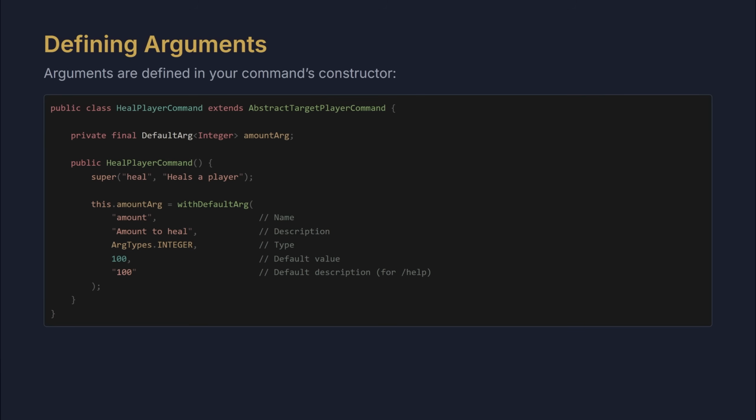We define arguments in our command's constructor. So inside, for example, our heal player command, we define a property called private final default arg, and then we pass in the data class we want to save it as, in this case Integer with a big I. And inside the constructor, we can initialize this class property with the method with default arg and provide it a name, a description, a type, a default value, and a default description for /help.